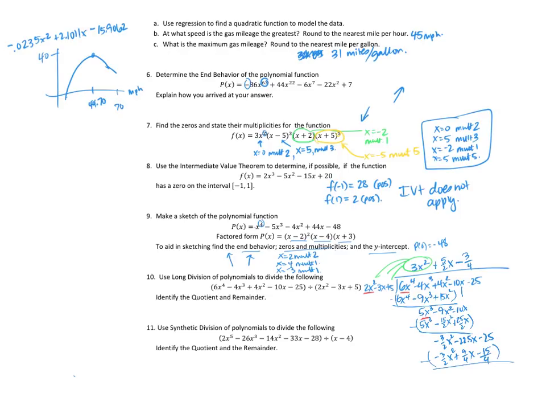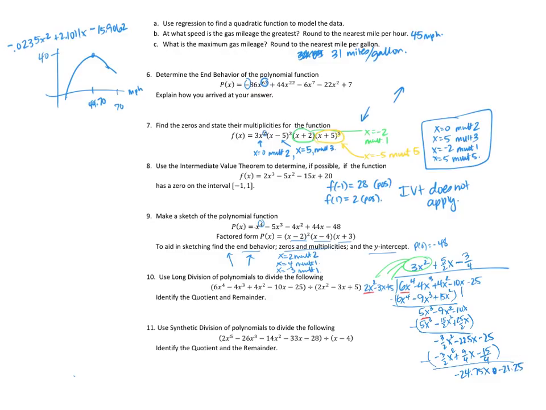And so I'm going to get negative 22.5 minus 9/4 gives me negative 24.75x. And then negative 25 plus 15/4 gives me negative 21.25.